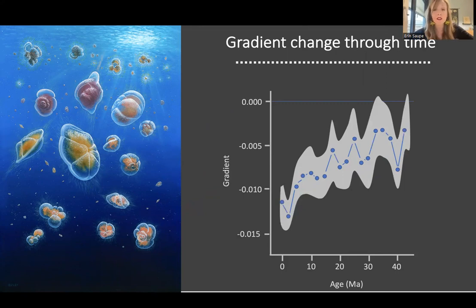And so if we standardize the gradients within each time period so that the maximum diversity is 1, the pattern is going to look something like this, going from the past to the present here on the left, where we get increasingly steep gradients towards the present, which isn't surprising, of course, based on the patterns that I showed you previously. And what we did to estimate these gradients was just use a linear model of richness as a function of absolute latitude. So we were collapsing both the northern and the southern hemispheres on top of each other.